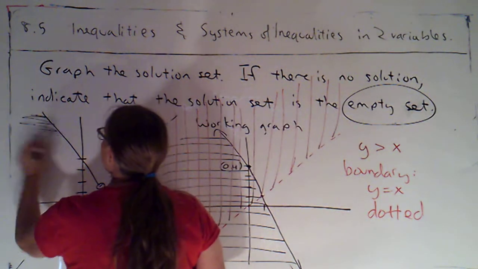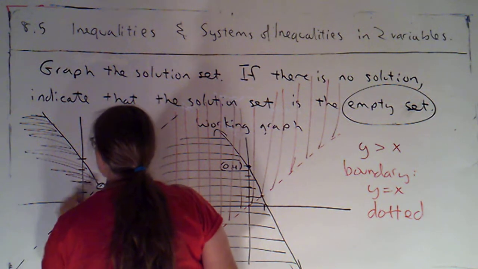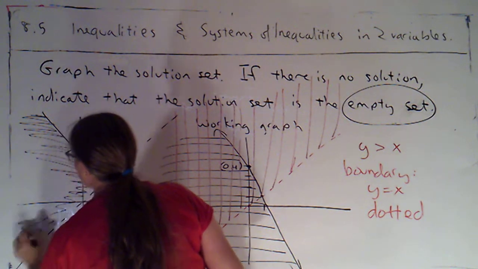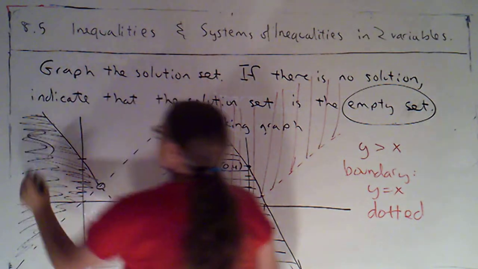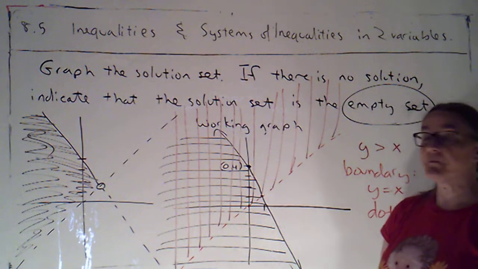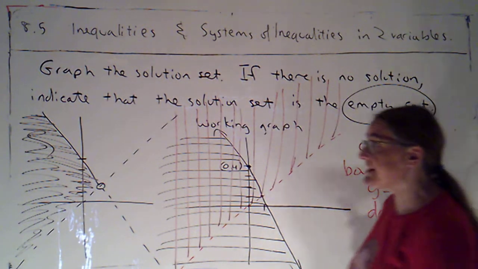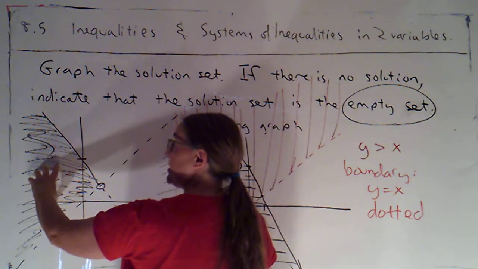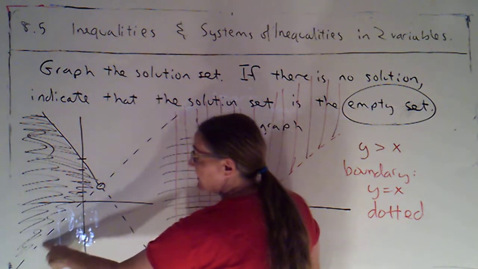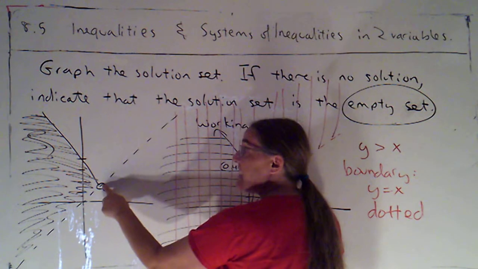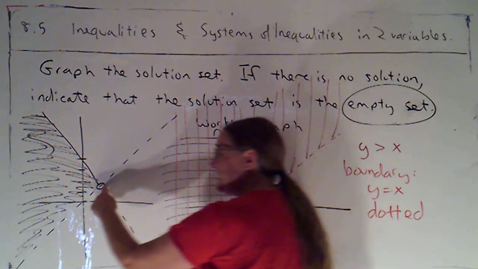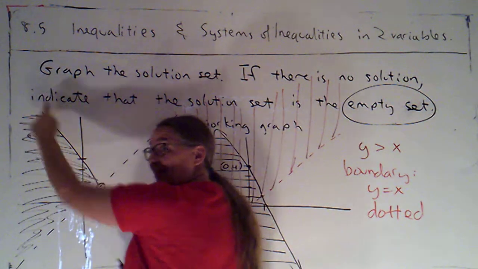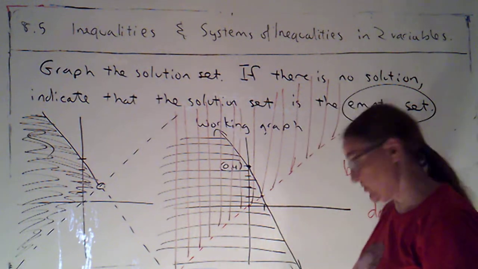And then what we shaded was this bit over here. So what our solution set is just this portion of the plane, not including that bottom line, not including that corner point, but including that top line as part of the boundary.